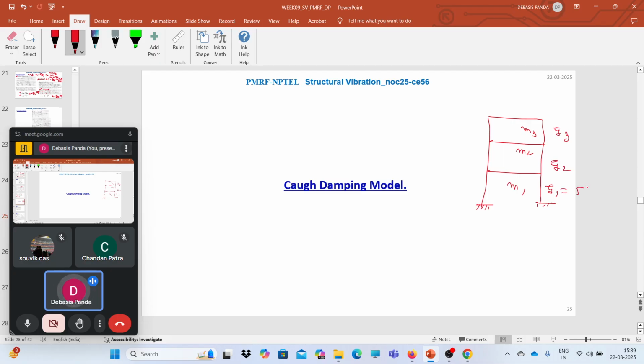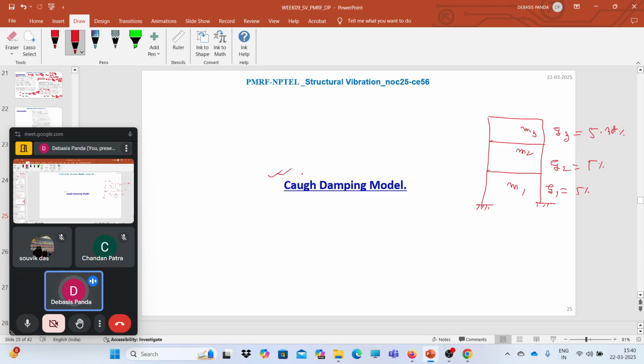Zeta 1 5% we have considered, zeta 2 5% we have considered. It calculates zeta 3 as 5 point something percent. Now, say I want to provide the input for all these three modes, or I need to provide the input for the ith and jth mode. Or say it has a multiple degree of freedom system. How can I go with that?